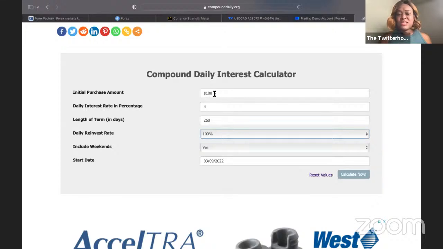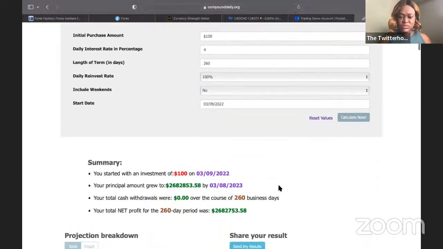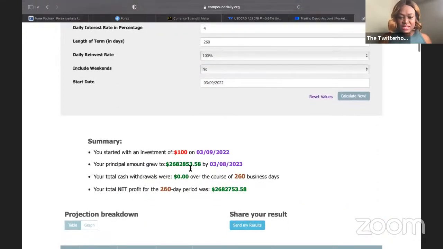If you started a trading account with $100 and you just grew it by 4% a day, we're not going to include weekends because the market is closed on weekends for traditional Forex. What can happen? By the same time next year, you'll have over $2.6 million.